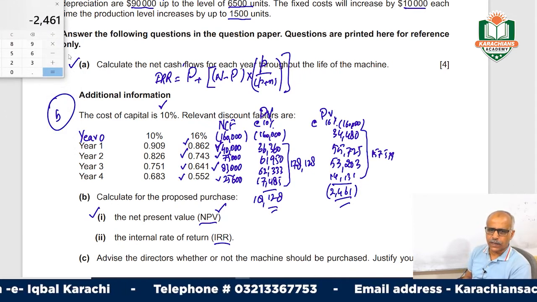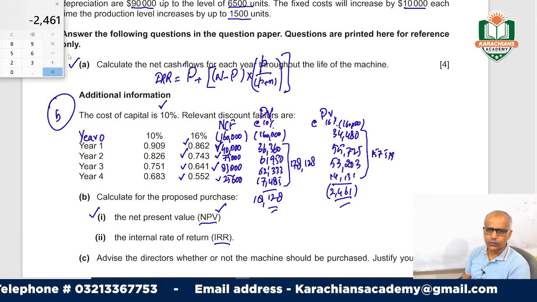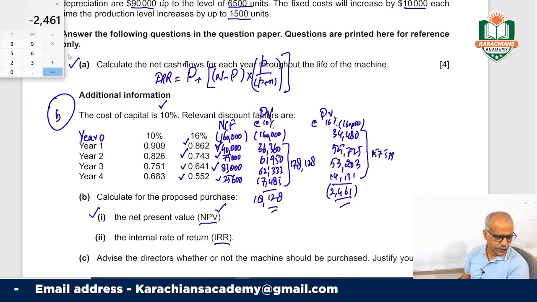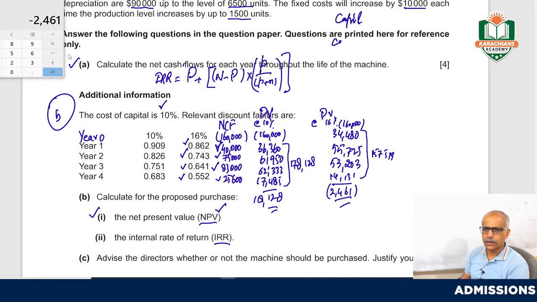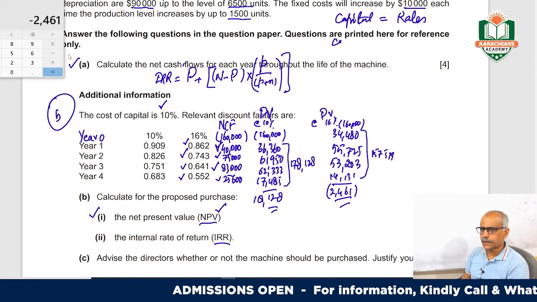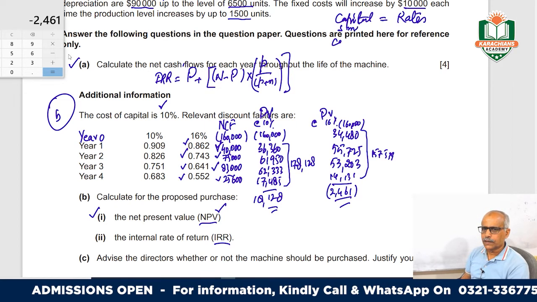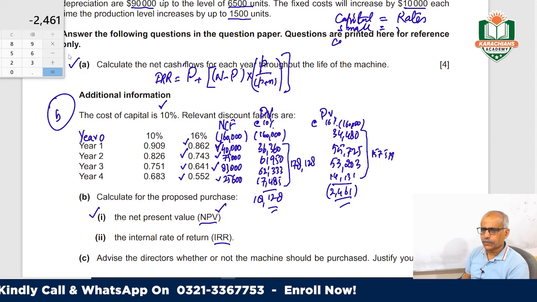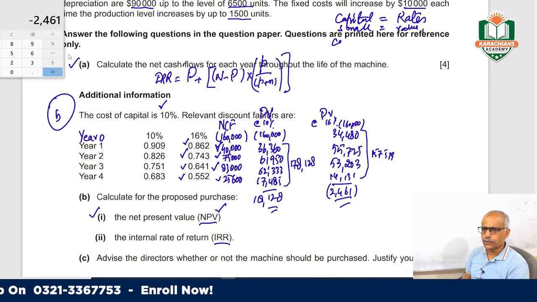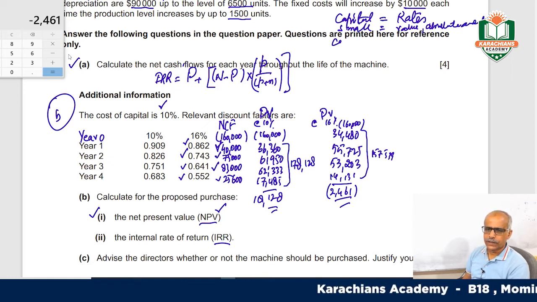Now we have to calculate IRR. I showed you this formula, and whenever a capital letter is there, what does capital show? Capital shows rates, and small letters mean values or absolute amounts on these rates.